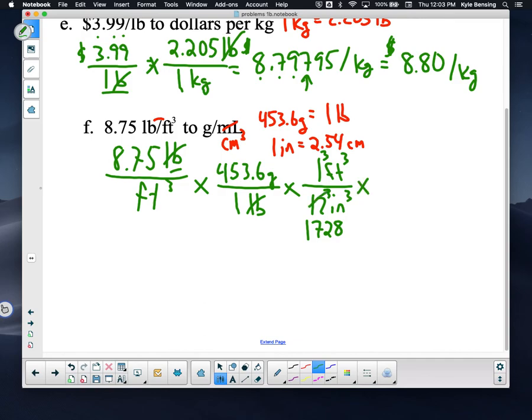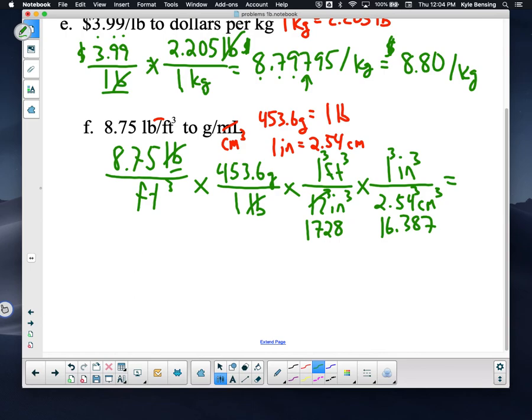And then if I go from cubic feet to cubic inches, I can go from cubic inches, 1 inch over 2.54 centimeters, and I cube that, and that. What is 2.54 cubed? 2.54 cubed is 16.387. And now I use my new numbers to find out what I end up with.